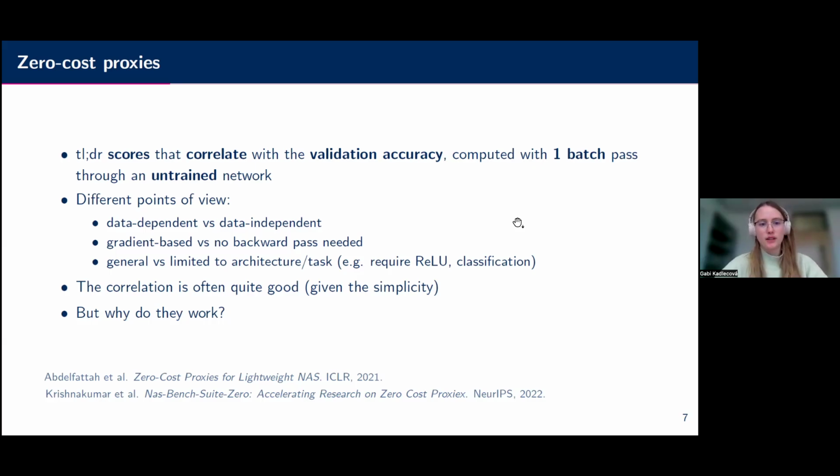Another way how you could look at it is you've got zero-cost proxies that require a backward pass and zero-cost proxies that don't require a backward pass. The latter is very fast to compute, but maybe it doesn't capture the properties of the network that you need.